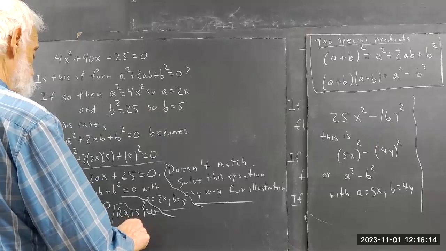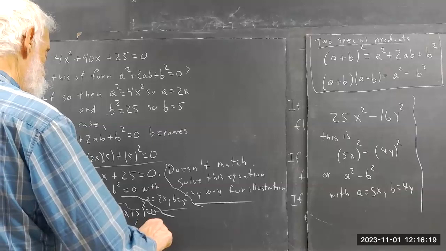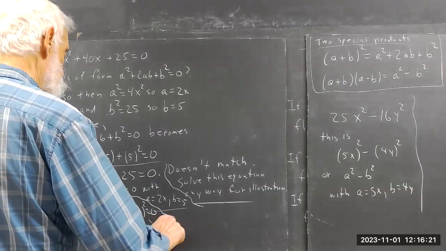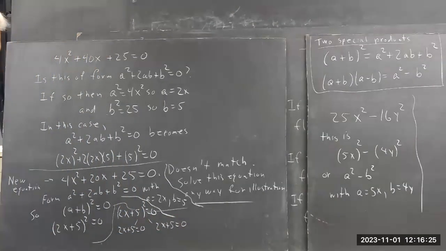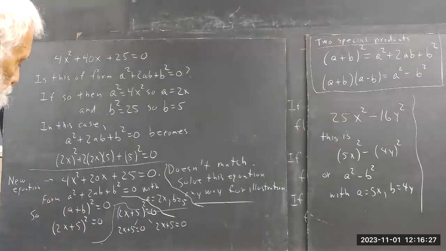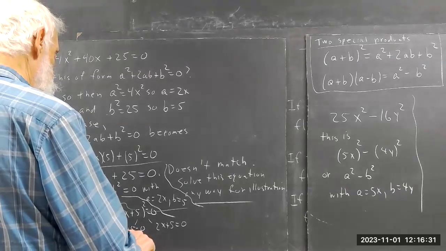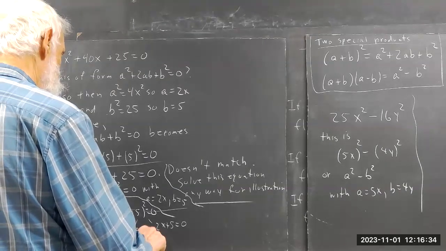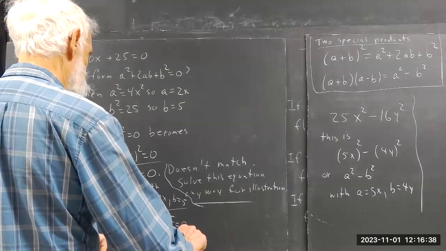So this splits into 2x plus 5 equals 0 and 2x plus 5 equals 0. Now, I don't have room to solve this, but this tells me that x equals negative 5 halves. And this tells me that x equals negative 5 halves.